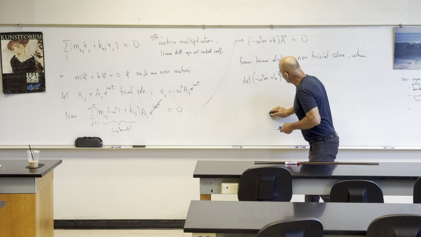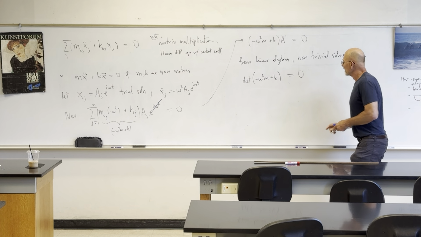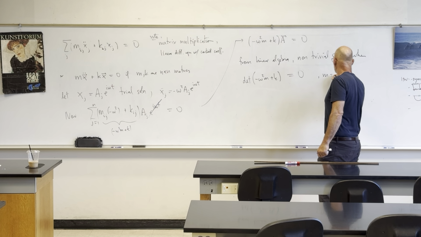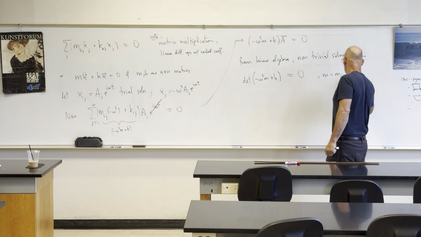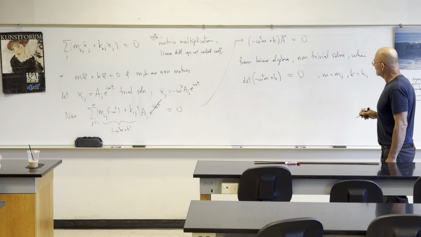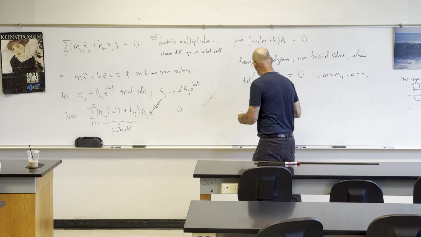So what we've constructed here is the whole recipe for success. And remember, this M is our Mij matrix, same as the K is our Kij matrix. This thing is called the characteristic polynomial.